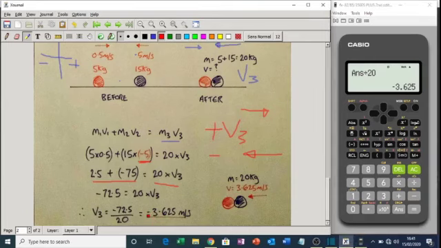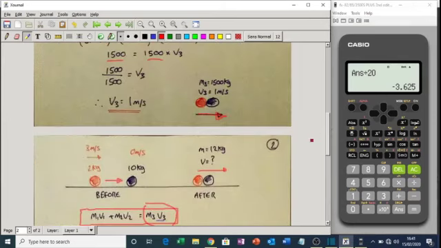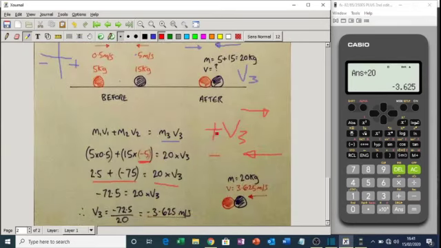The negative number just means it's going that way. When they collide, they come together, because this one's a bit heavier and it's going faster, so it's got more momentum, so it's going to collide and then they're going to move off together.